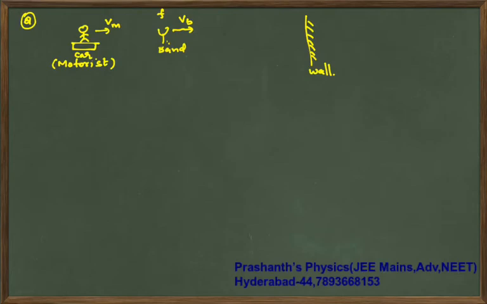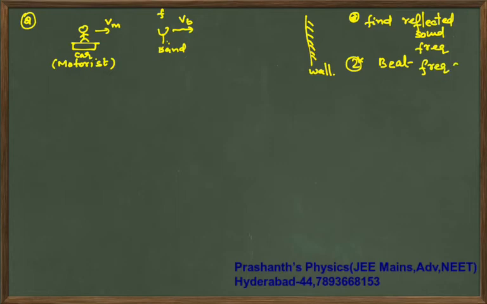Question is, find number 1, reflected sound frequency, and number 2, beat frequency.